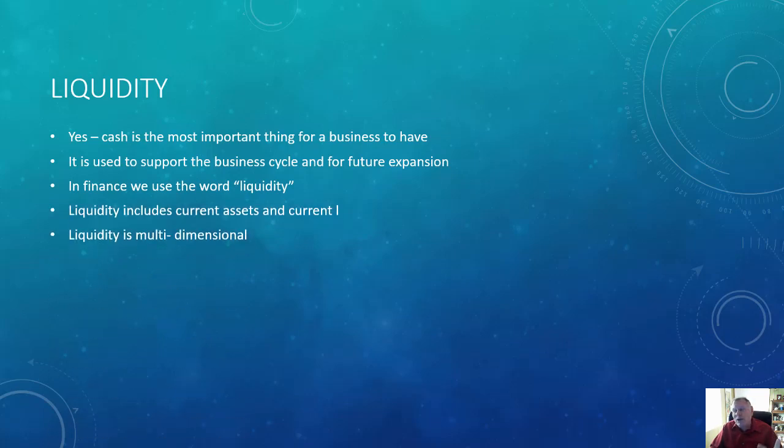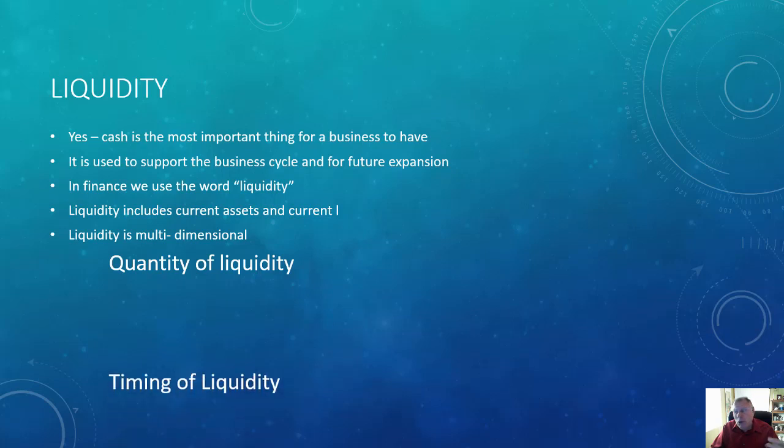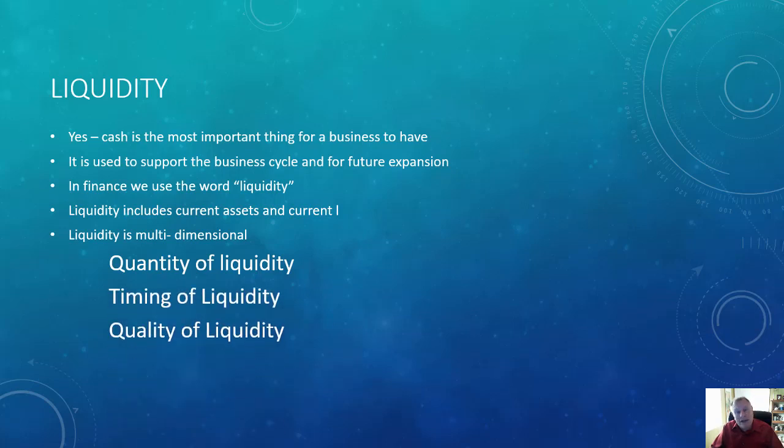But liquidity is multidimensional. And I think as we evolve and we take a deeper dive, I want you to think of liquidity from three perspectives. One, you need to have a quantity of liquidity, a quantity of adequate working capital. It has to be available when you need it, and it also has a quality component.